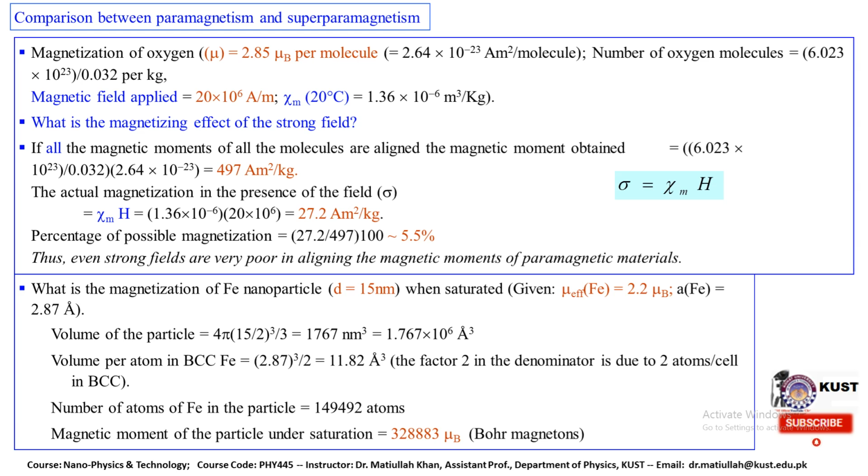The external magnetic field applied is 20 multiplied by 10 to the power 6 A/m, and the susceptibility at 20 degrees centigrade is 1.36 multiplied by 10 to the power minus 6.